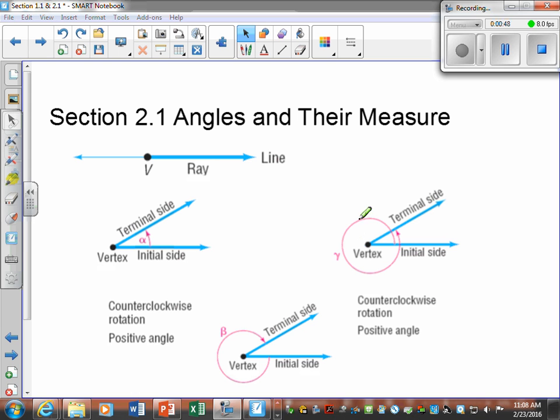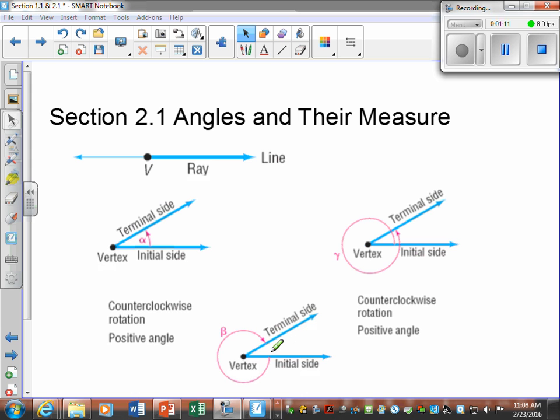On this particular one over here, if my initial side is this arrow, and I move all the way around counterclockwise, it's a positive angle, and it goes more than one revolution all the way around. So that's angle lambda. All still positive angles.